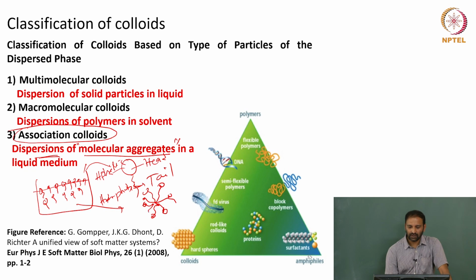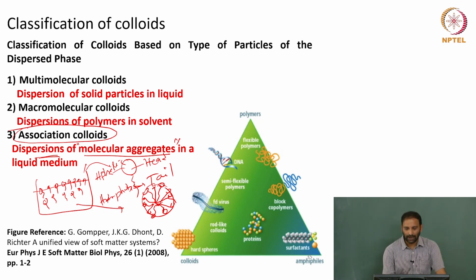Typically, they represent micelles like this. All the tail groups are held together at some common location, and you have head groups that face water. Because you have water, and the hydrophilic group is happy being in water, these aggregates are formed because of association of several molecules that come together.